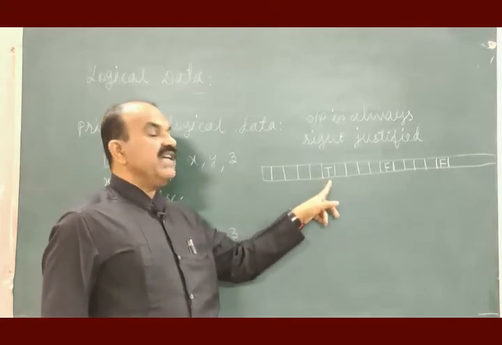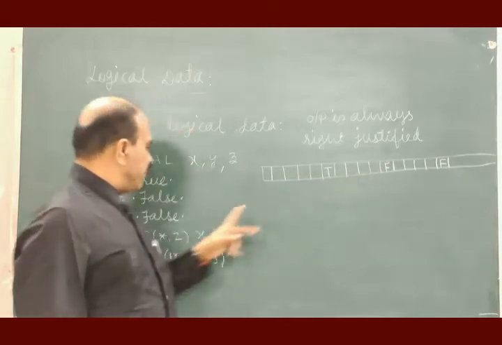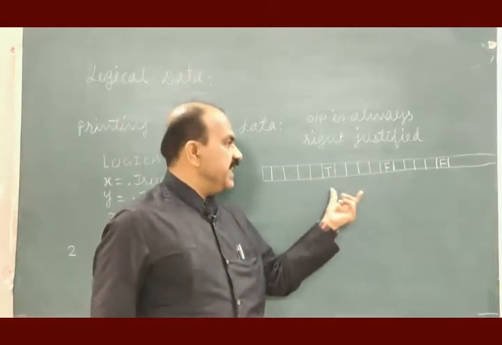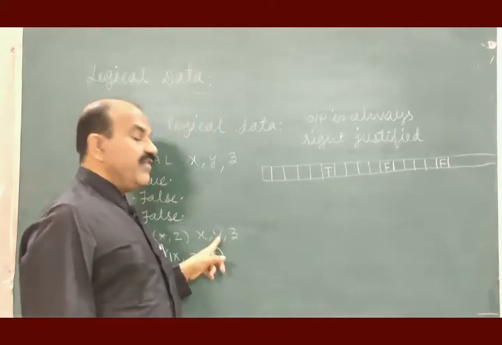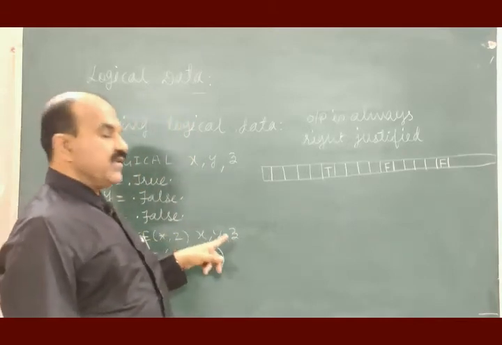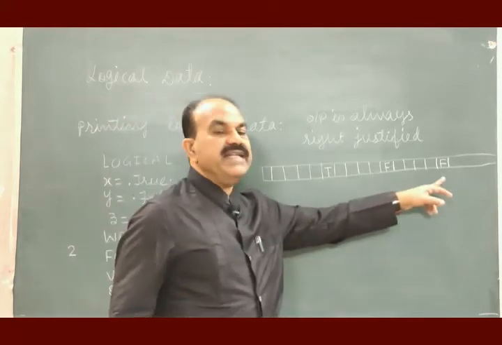It is printed in the last column of L5. This F for Y is also right justified. It is printed in the rightmost column of L5 for Y. Z is false, so the value of Z is also right justified.